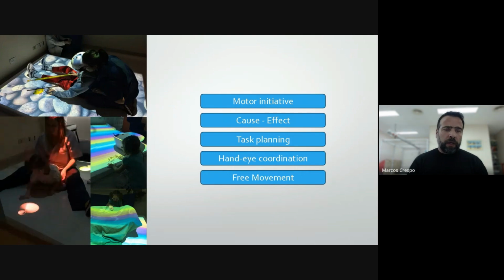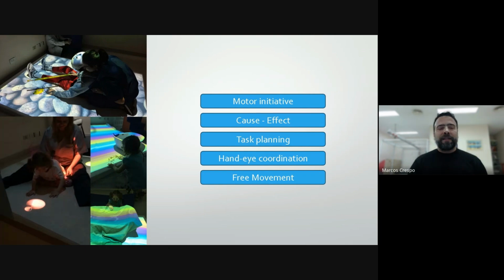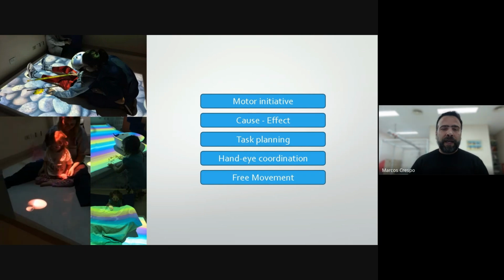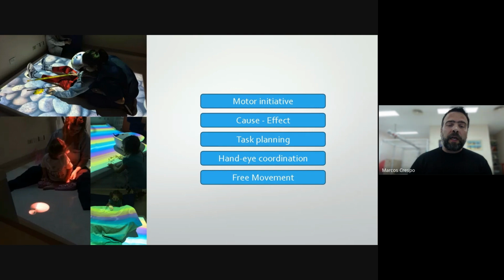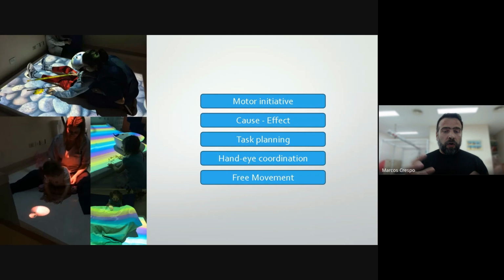We can work with sound, no problem. We can work with this tool and with Nirvana on motor initiative, cause-effect training, task planning, also coordination, the visual motor coordination.